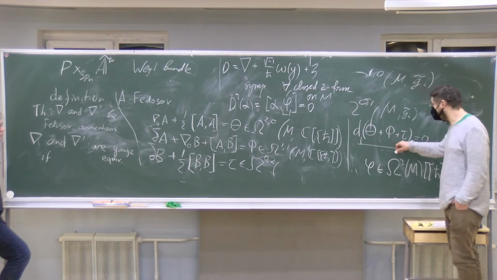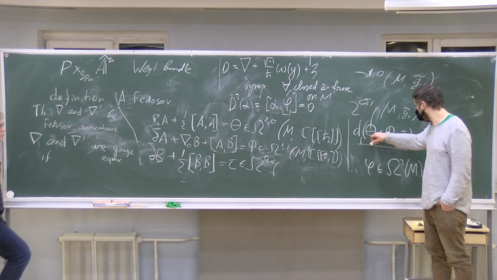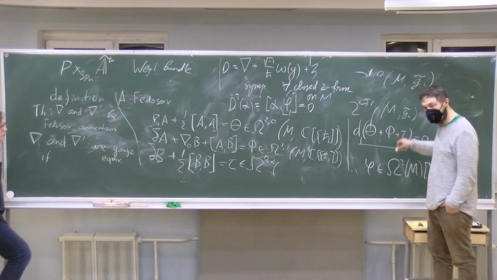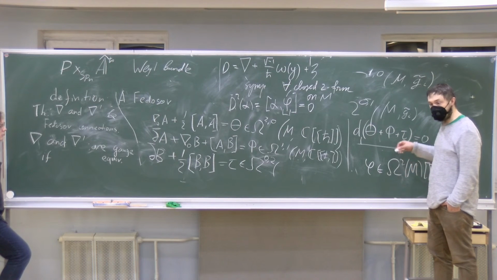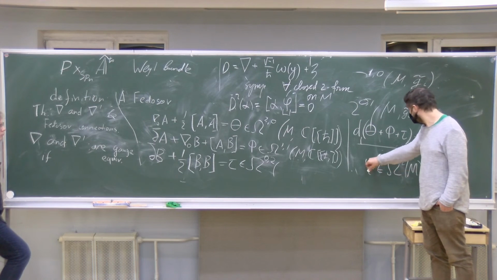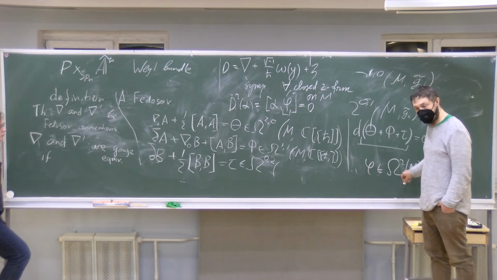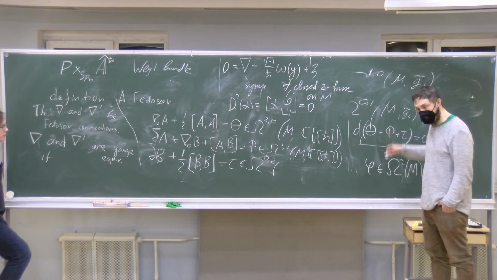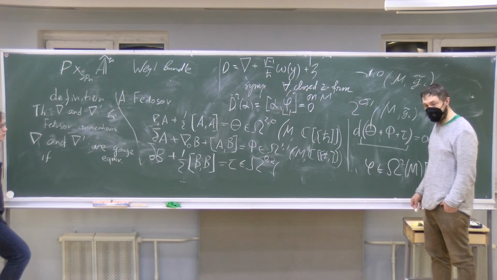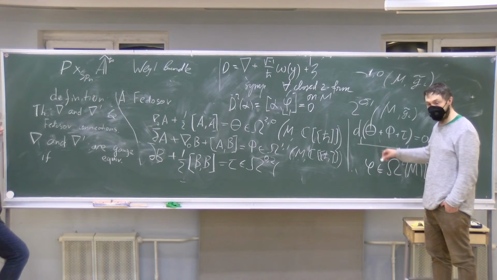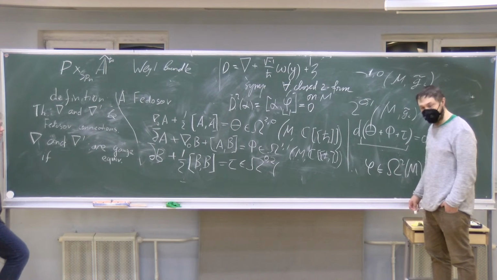Now if you look here, this sum theta plus phi plus tau plays the role more or less of the same phi in the real case. However, in this sum, not all elements are equal. Some of the elements are more important in the complex case than the others. And that's precisely the purpose of this talk.